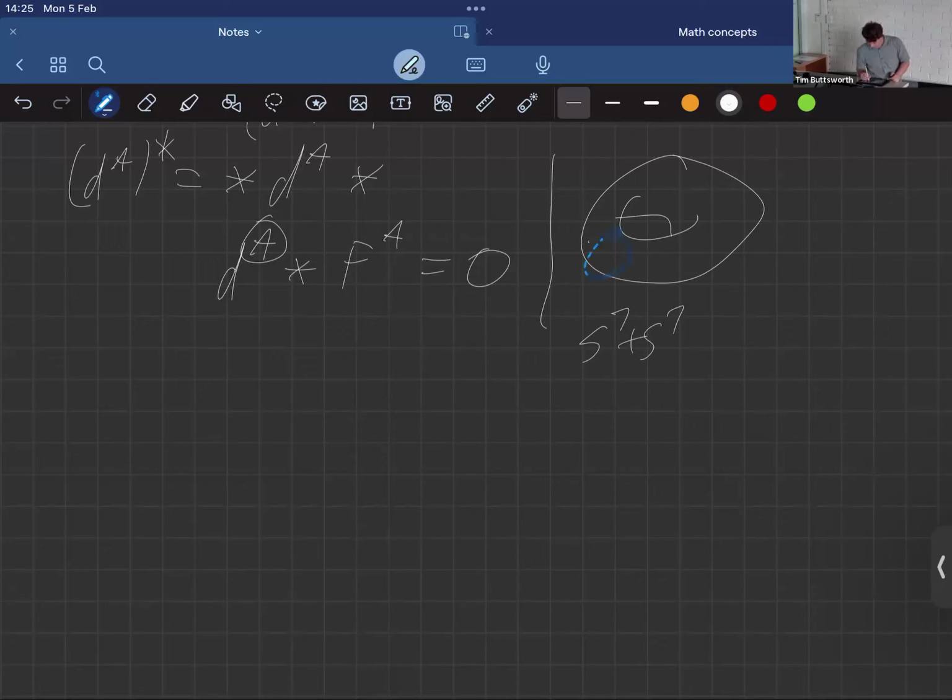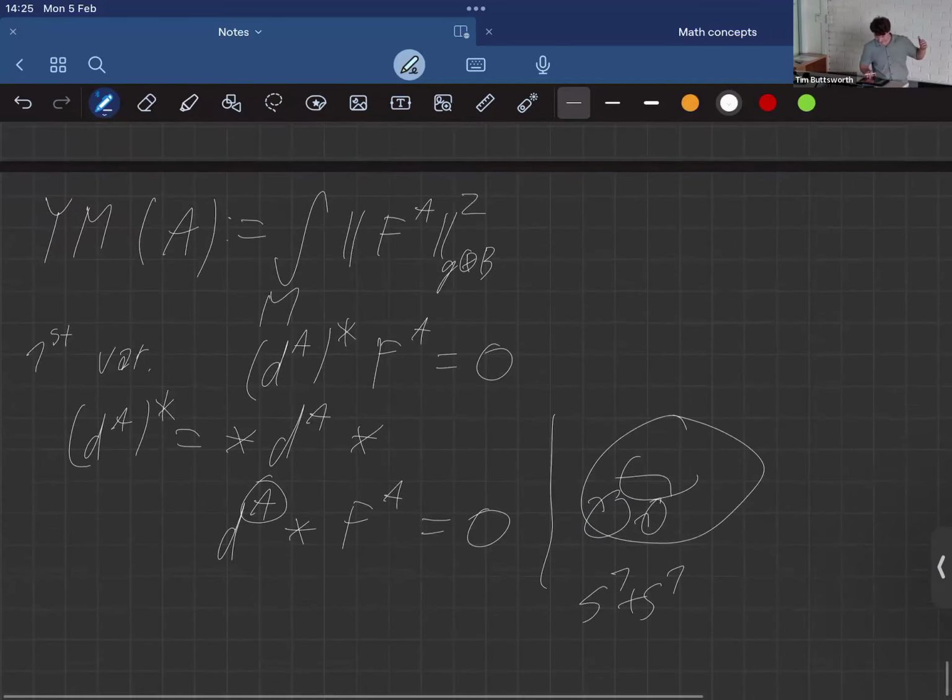You can rotate the circles by different amounts, and this is a smooth operation. You're going to change the torus into a torus, but the structure of the bundle is going to change. But the bad news is our integral doesn't care about the position of the connection within the fiber. So any such transformation doesn't change the Yang-Mills functional.